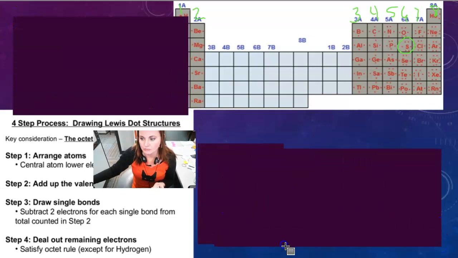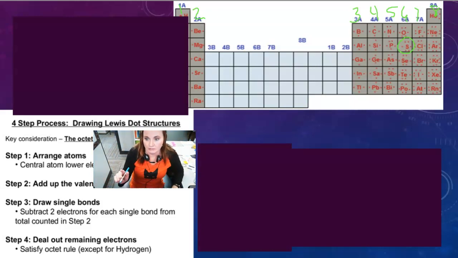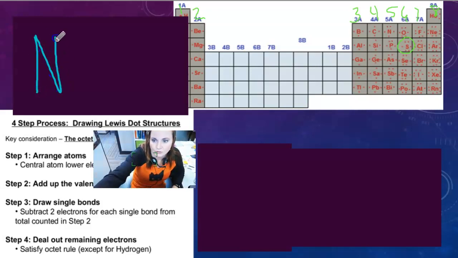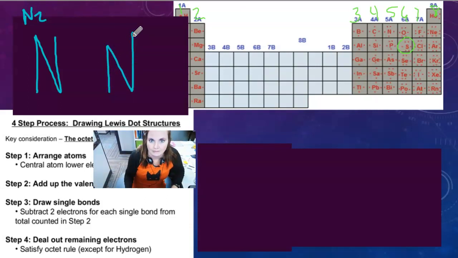Oxygen's double bonded. We'll do nitrogen. Nitrogen is a good example. So nitrogen is N2. And we're doing 2 nitrogen atoms. There's no central atom because there's only 2 of them.